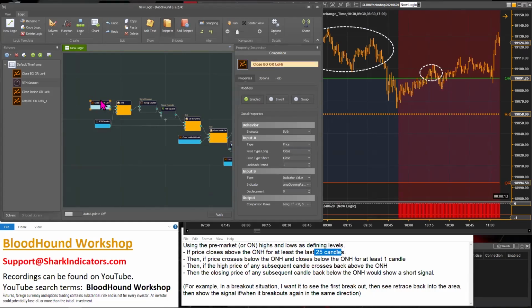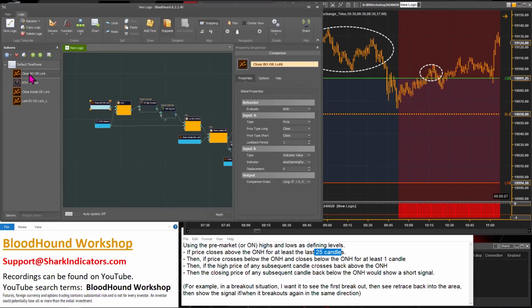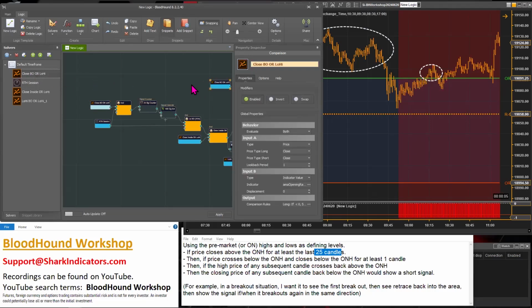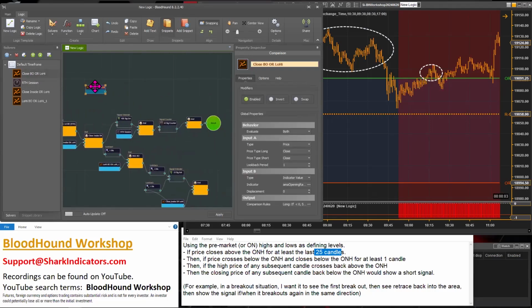So I need this solver again. That's this guy on the list, so I can drag it onto the board and drag it up here. And you see how the output changes. So now our short shows up right here on the second breakout. So there we have it.